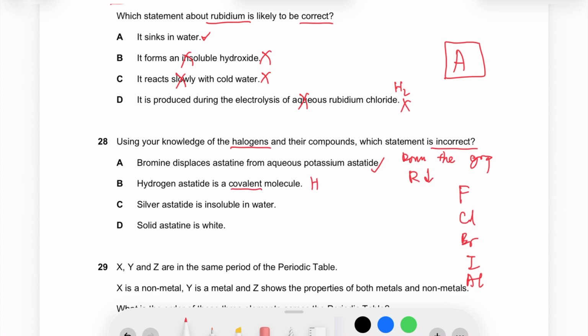Yes, because H then At, so this is true as well. Silver astatide is insoluble. Yes, because it's very similar to silver chloride or silver iodide, your white ppt and your yellow ppt. So all silver halides are insoluble. That is true. Solid astatine is white. Definitely wrong. It's actually black in color. The color darkens down the group. So only D is wrong.